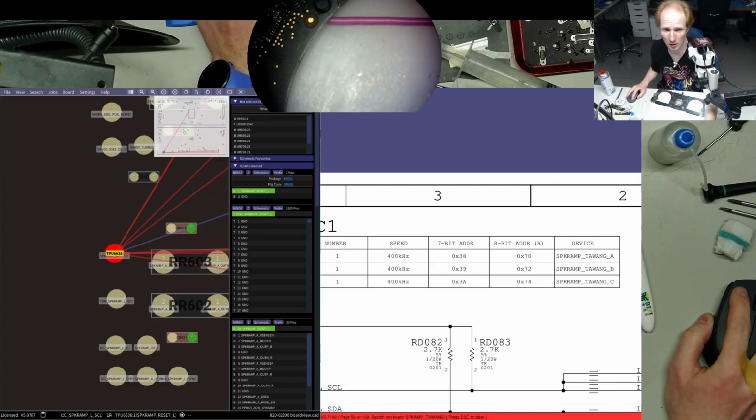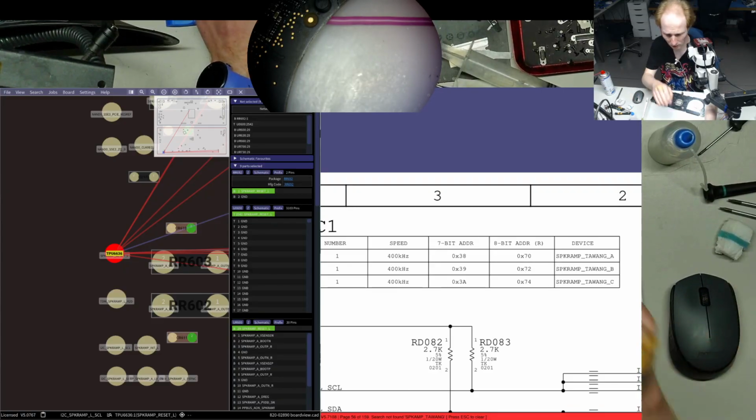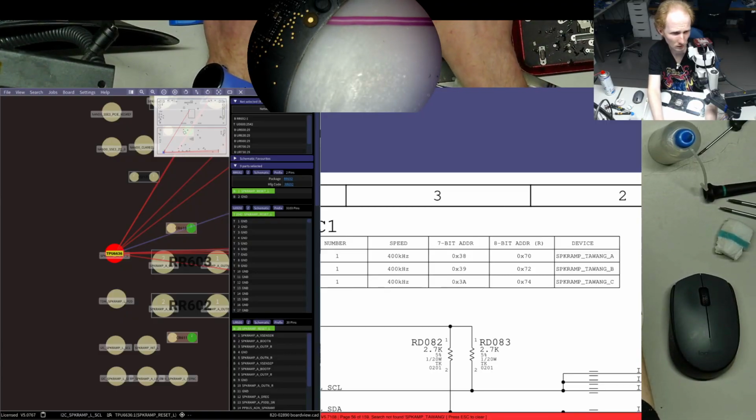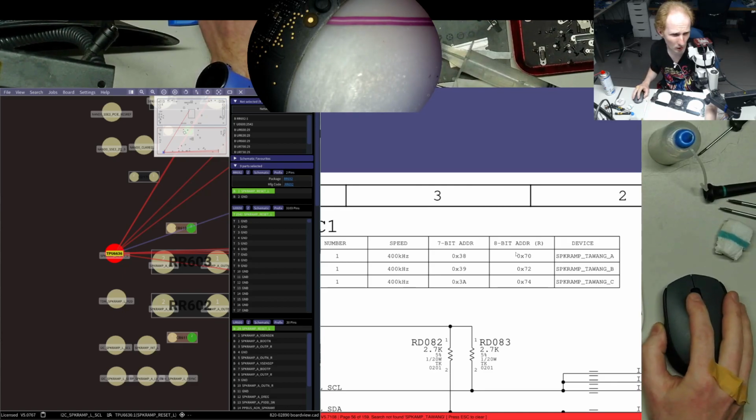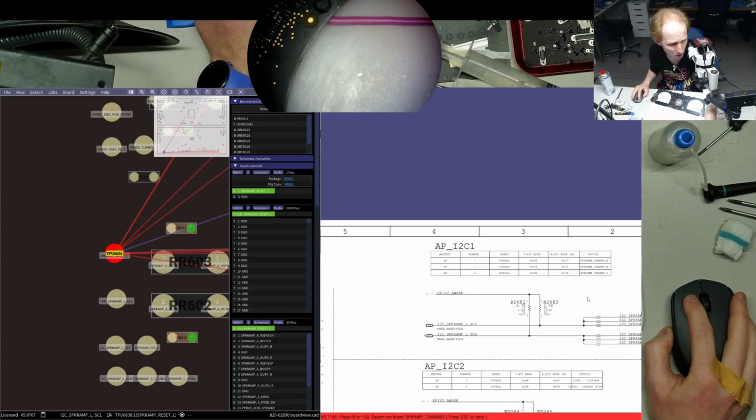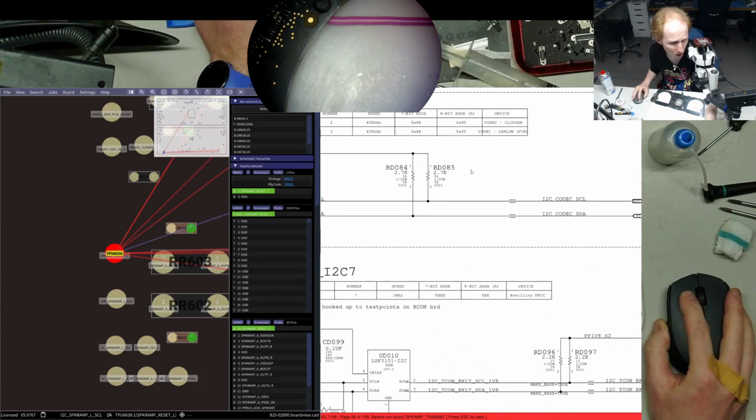Okay, so this would be ABC ones, okay. There should be more, but for some reason I can't find them here.